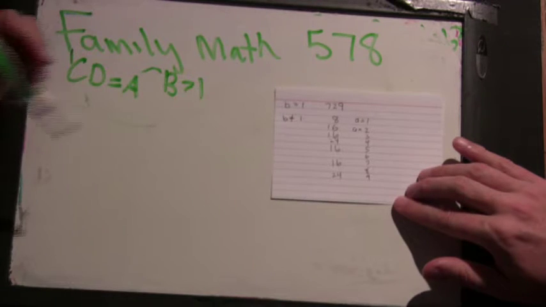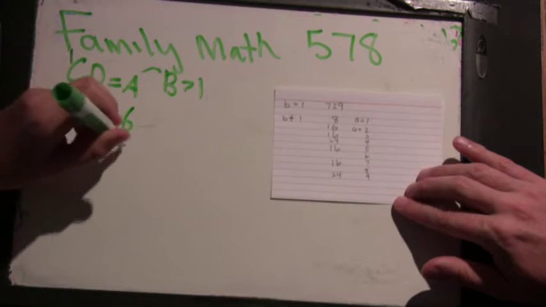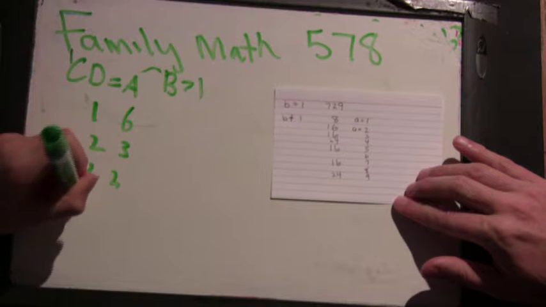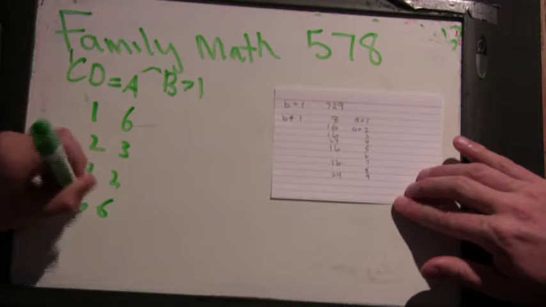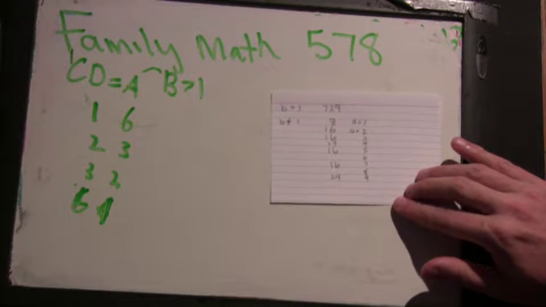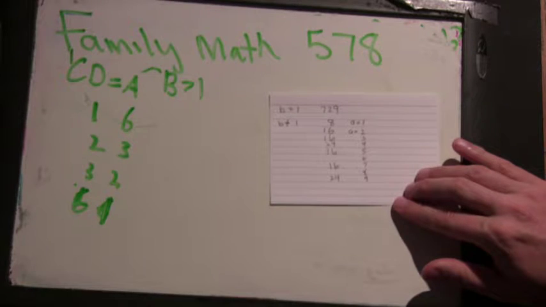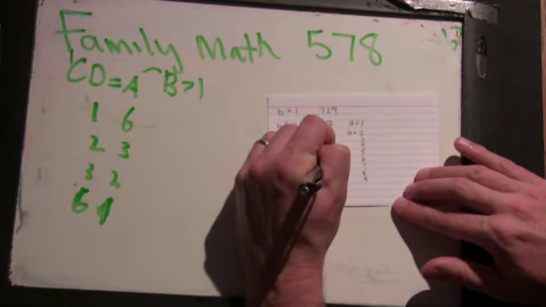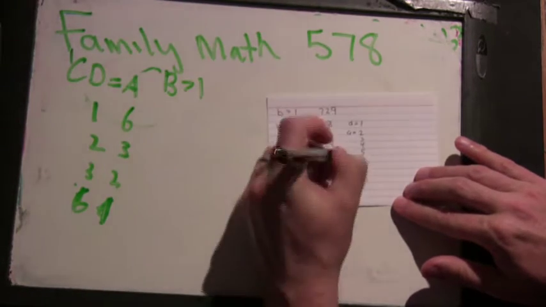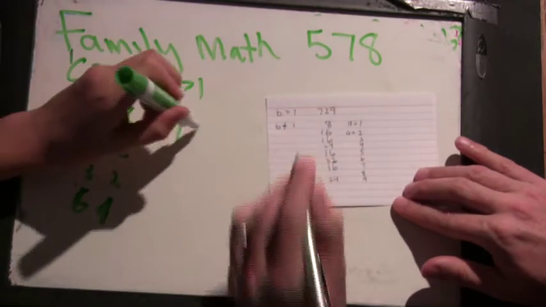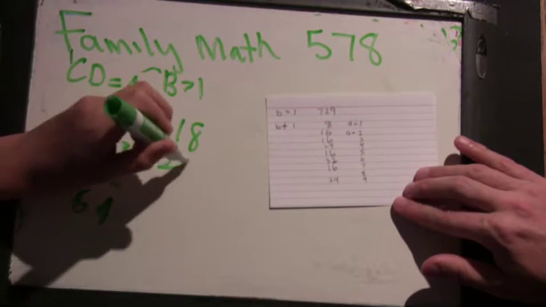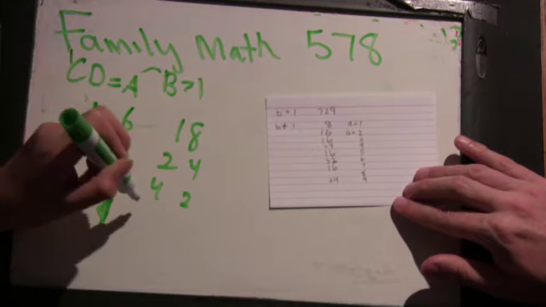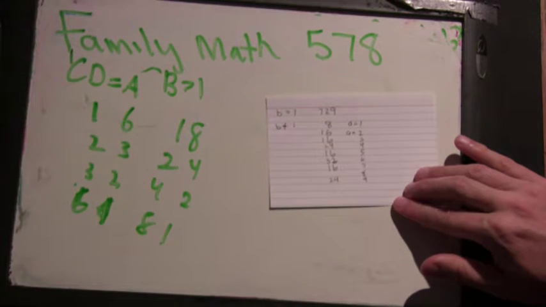6 and 8 are both different. So 6 is 1 and 6, 2 and 3, 3 and 2, 6 and 1. Okay. So 6 has 32. And 8 actually has 32 as well.